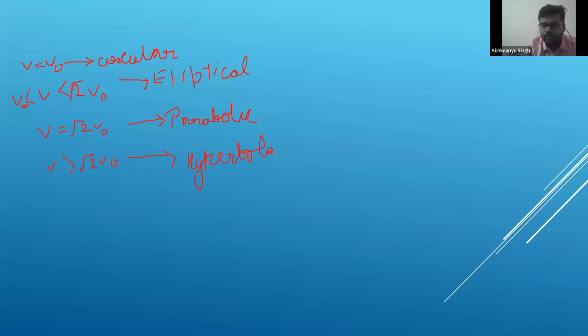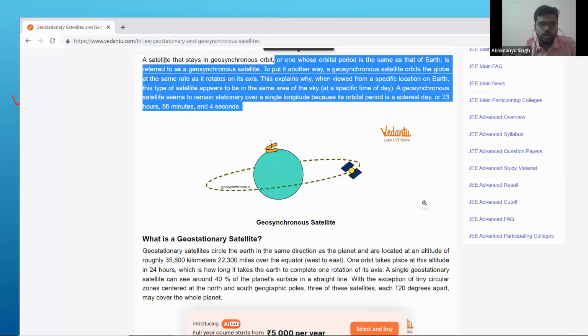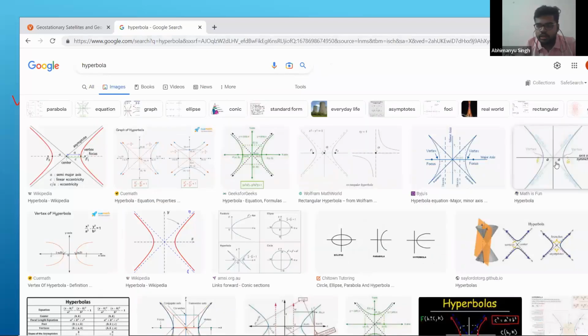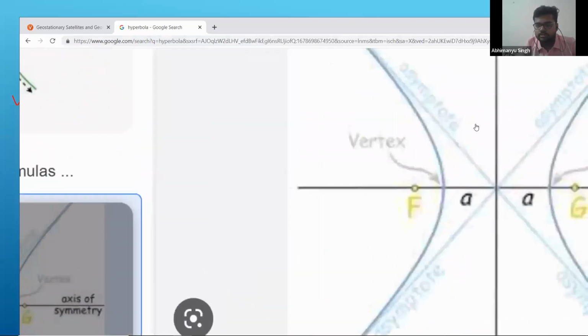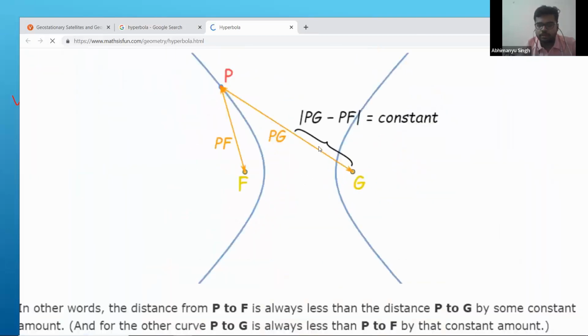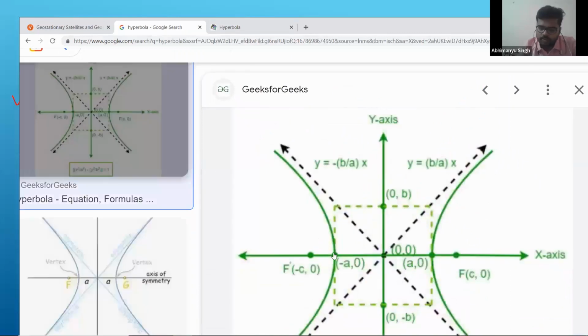As many of you are not aware of conic sections, let me show you some of the shapes. How does a hyperbola look? A hyperbola looks like this. And so the object just moves away towards infinity.